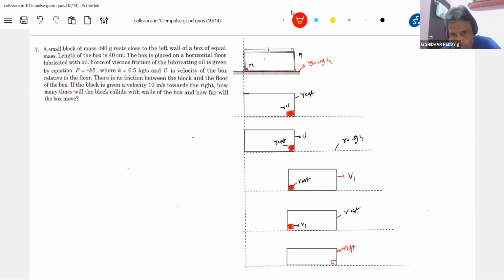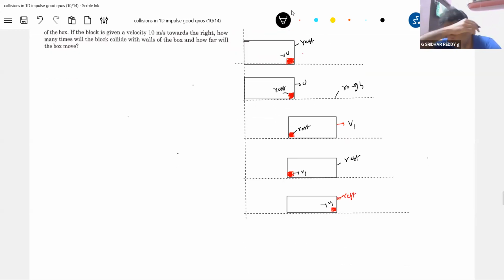And the block is just about to collide, and it will have velocity, say v1. Now what will happen? Exchange of velocity occurs.